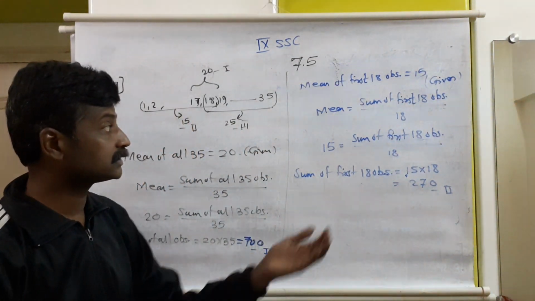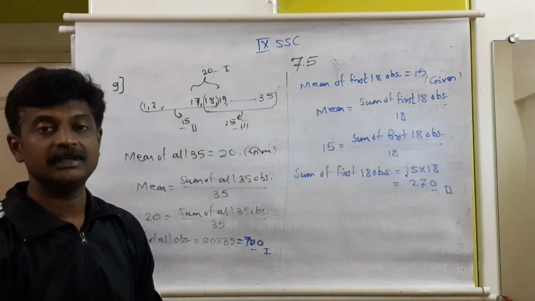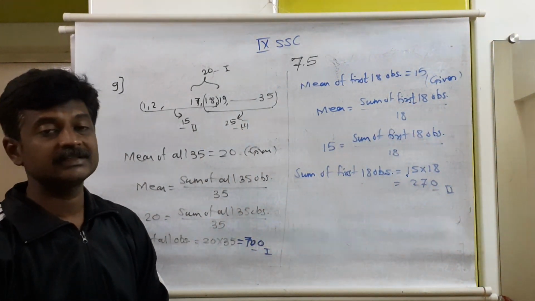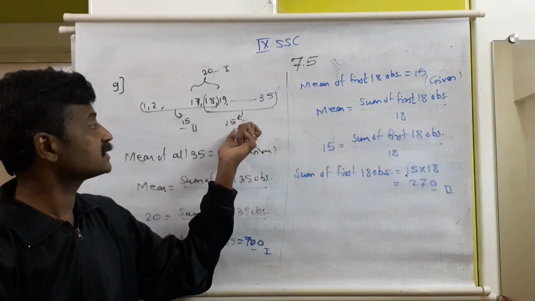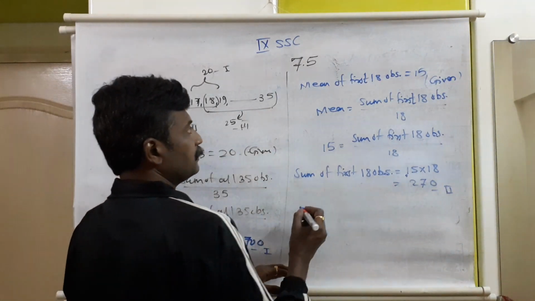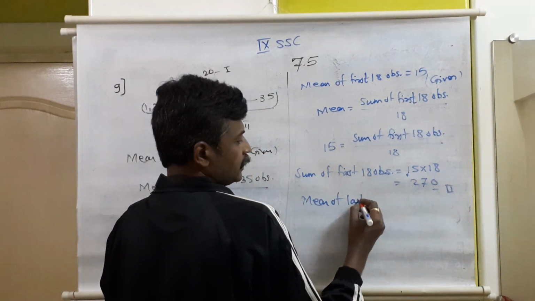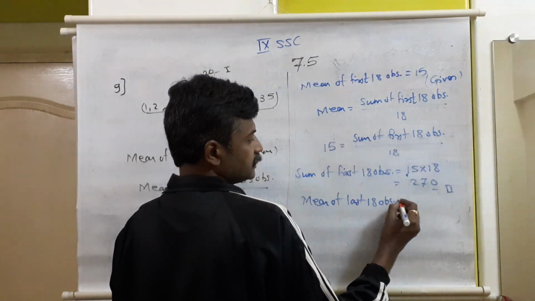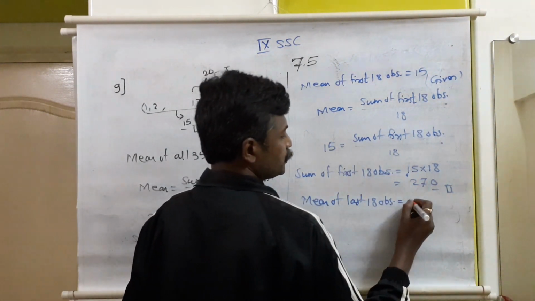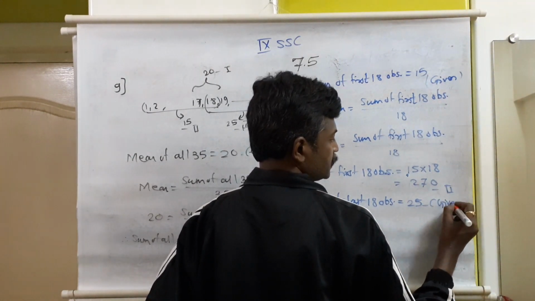Same way we'll find out sum of last 18 observations with the help of given information number 3. Given information number 3 says, mean of last 18 observations, observation number 18 to 35. Mean of last 18 observations is equal to how much it is given? 25. This information is given to us in the question.